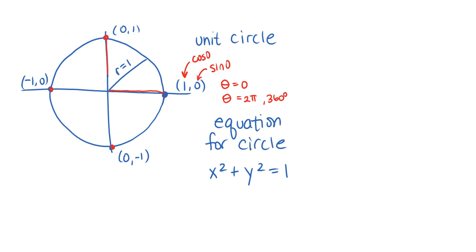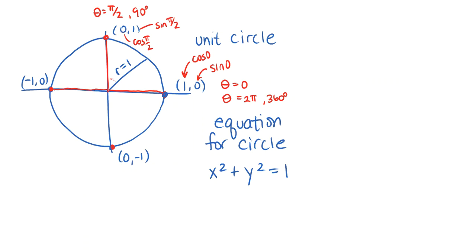Same here. My angle at this point will be pi over 2 or 90 degrees. We're just doing a straight first quadrant rotation. We would then have cosine of pi over 2 is going to be 0, and sine of pi over 2 is going to be 1.